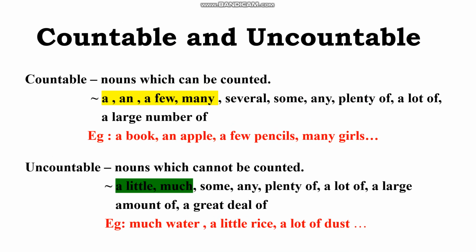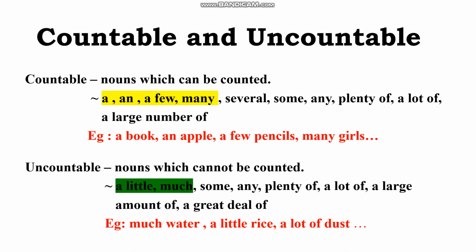Next, today we're going to learn the grammar about countable and uncountable, but we will relate this to the food. Countable is a noun which can be counted, and normally they will have the article like a, an, a few, many, several, some, any, plenty of, a lot of, or a large number of.